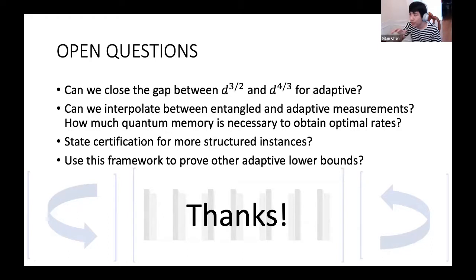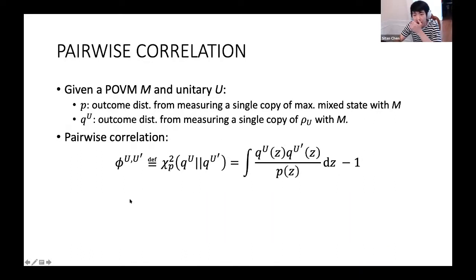When you write out the expression from the chain rule, there's one term that looks not like the pairwise correlation between two distinct u and u prime, but like the chi-square between the base measure and u. So this relative chi-square divergence in the previous slide, you end up needing to bound also in the case where u and u prime are the same. And that's really the chi-square divergence between p and qu.